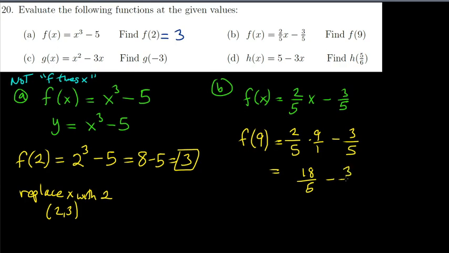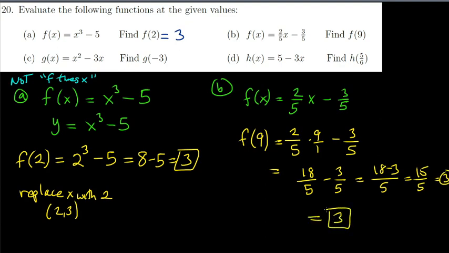So 18 over 5 minus 3 over 5. They have the same denominator, both 5s, so just subtract the numerators. 18 minus 3 is 15, and 15 divided by 5 is 3. So the answer for part B is also 3. Coincidence. So f of 9 is also 3.